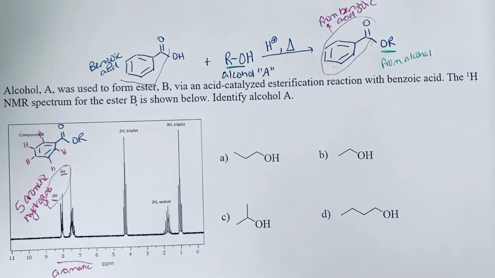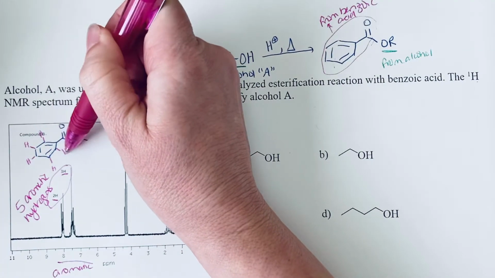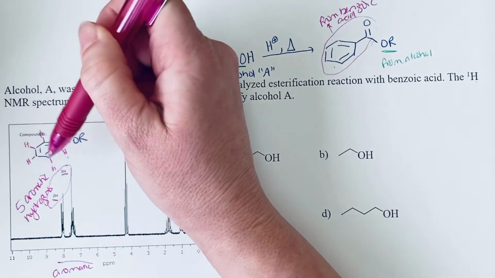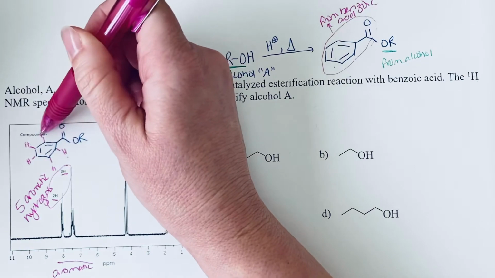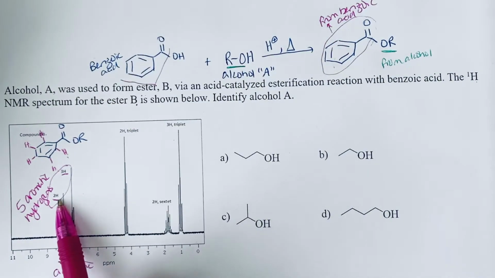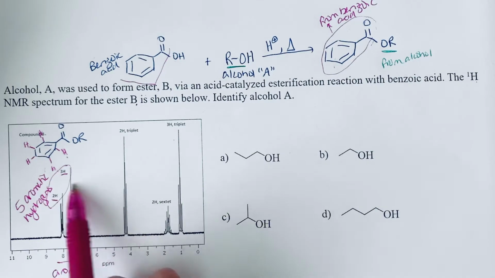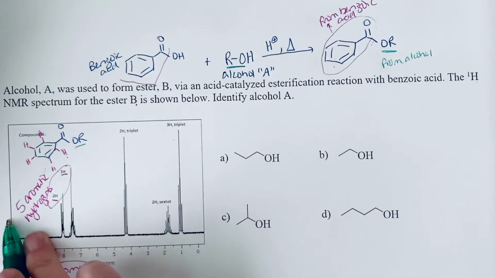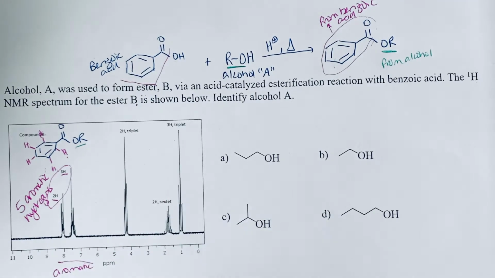You might look at that ring and expect to see 3 signals, because I would expect these 2 to be the same, and then these 2 would be another signal, and then this last one. But what we're seeing here, I think, is these 2 hydrogens are this signal, and the remaining 3 come up here. It is probably 2 overlapping signals. You can see it's pretty messy. But the key to this problem is recognizing that these are the aromatic hydrogens, so that if we're looking for the structure of the R group, we are not looking at those signals, we're looking at the remaining signals.